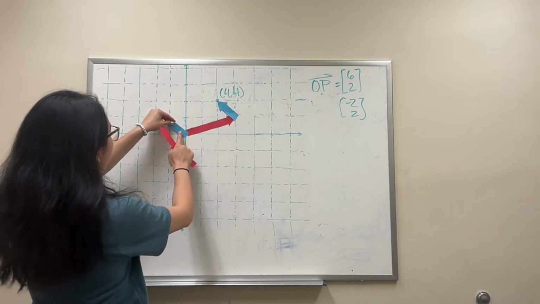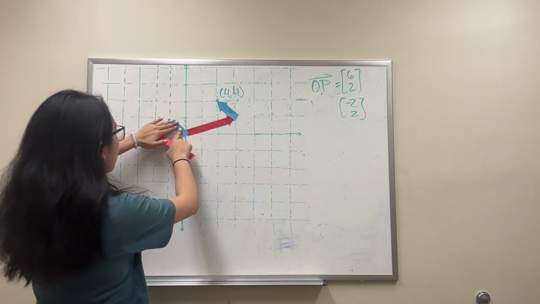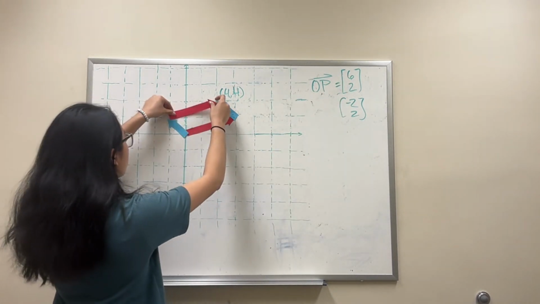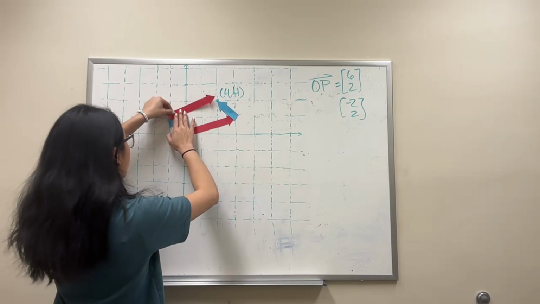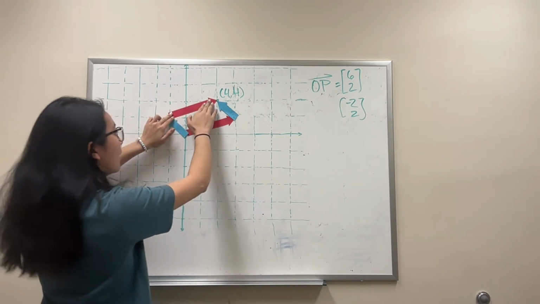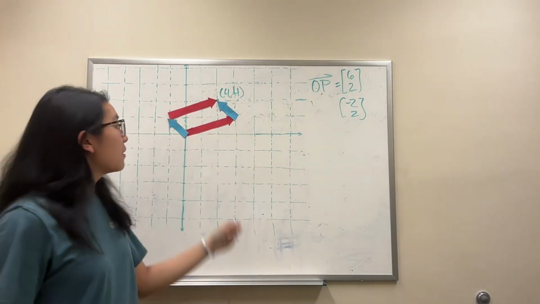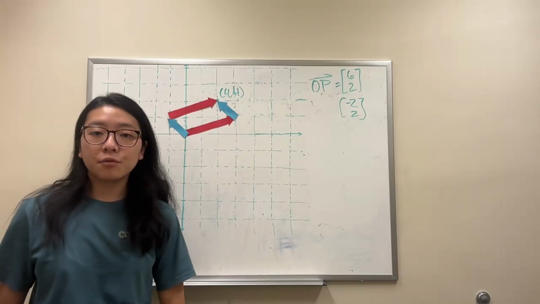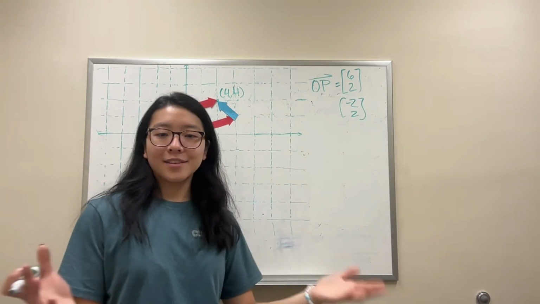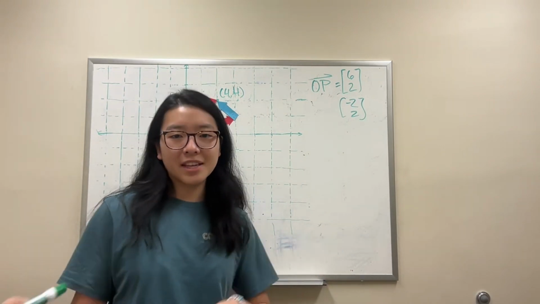But we can do the blue vector first, negative 2, 2, and our red vector, which remember had the components 6, 2. We can align the tip of the red vector to the tail of the blue vector. And once you look at that, we're pointing to the same coordinate, 4, 4. So to answer our question of do we have a different combination, the answer is no. We have the same exact combination.